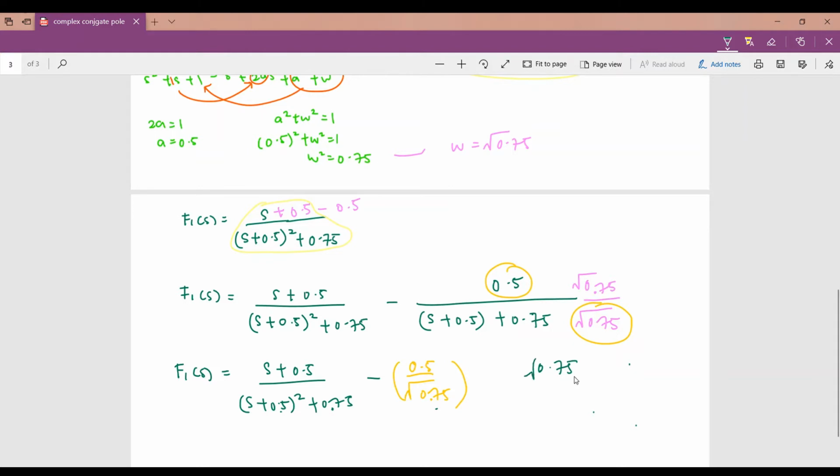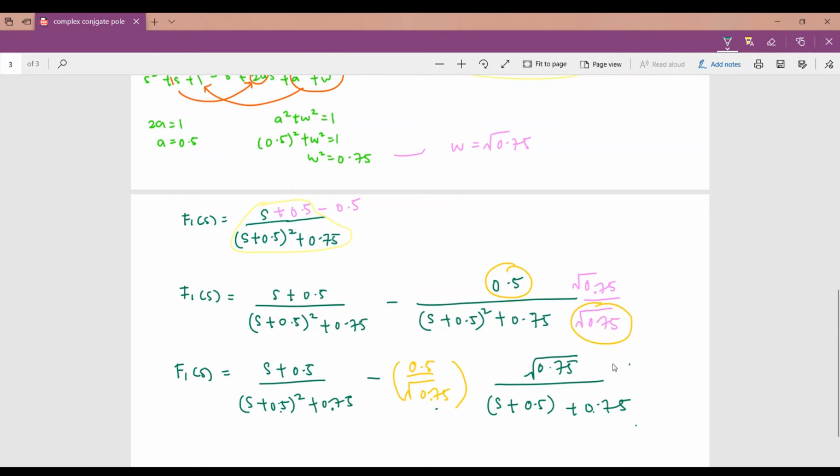So I just take what I need, which is omega over s plus 0.5, sorry, this one square, plus omega square.